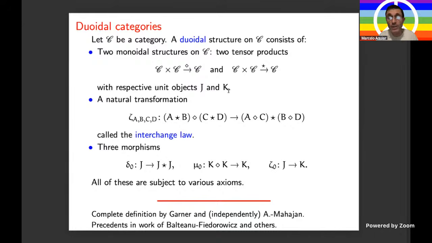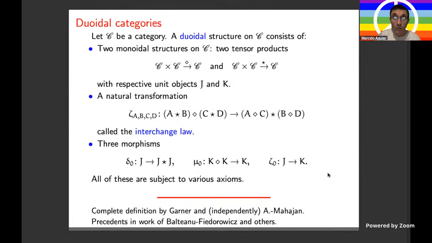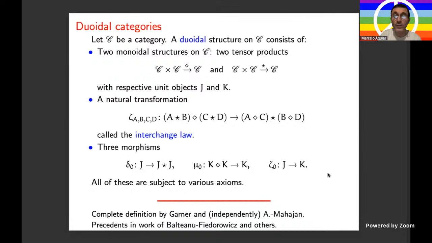We're going to use J and K for them. And then there is this natural transformation connecting these two fourfold products among the four objects that we refer to as the interchange law of our duoidal category. There are also three morphisms involving unit objects, as indicated there. We won't need all of this detail, but that's all the ingredients that intervene in the definition of a duoidal category.